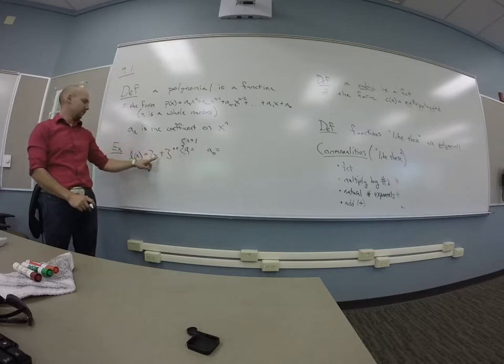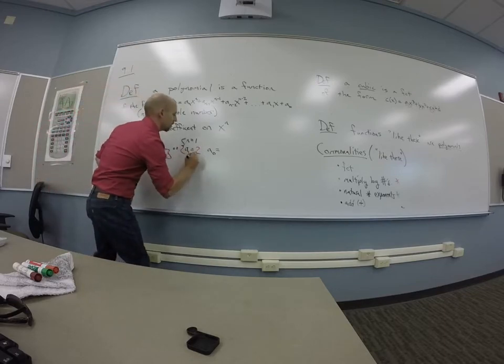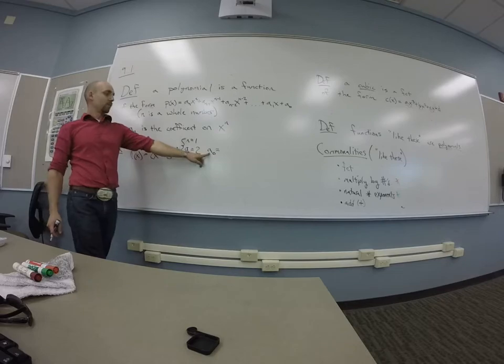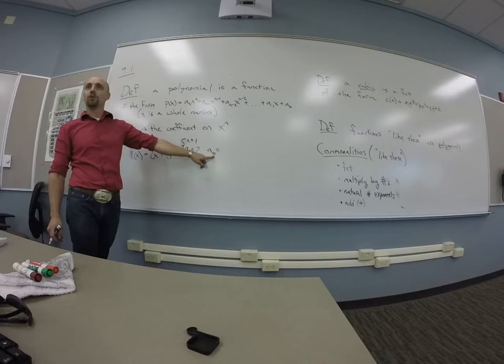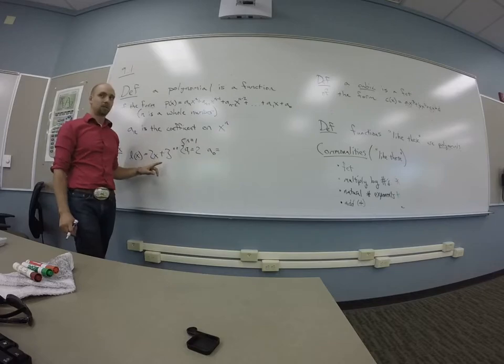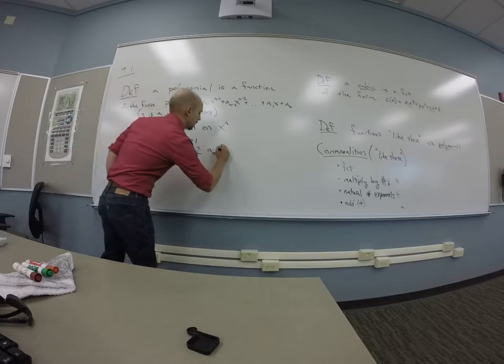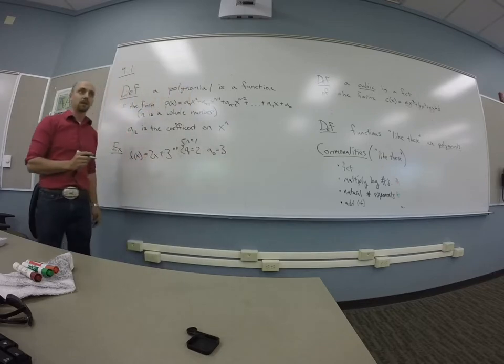So what's the coefficient with x to the 1? 2. It's a 2. What this one's asking is what's the coefficient with x to the 0? In other words, what's the coefficient that doesn't have an x? That's 3. You guys see that?